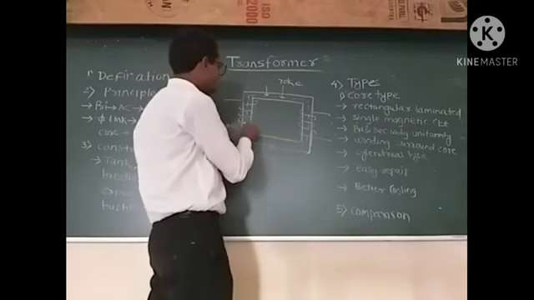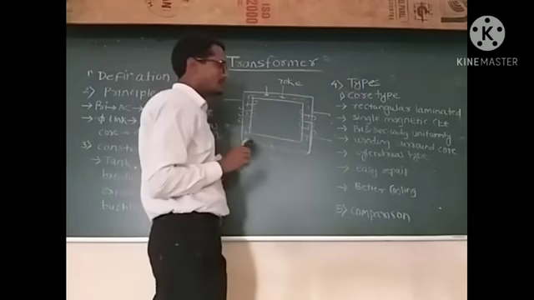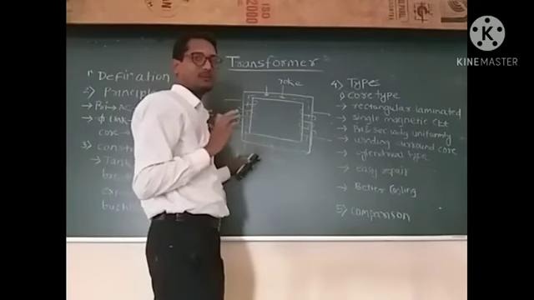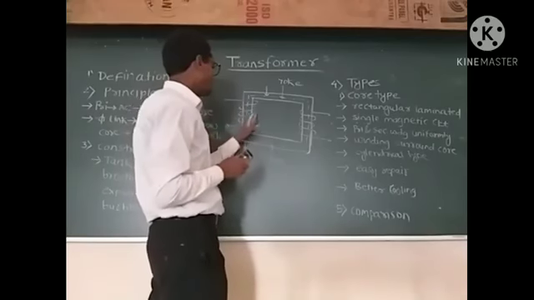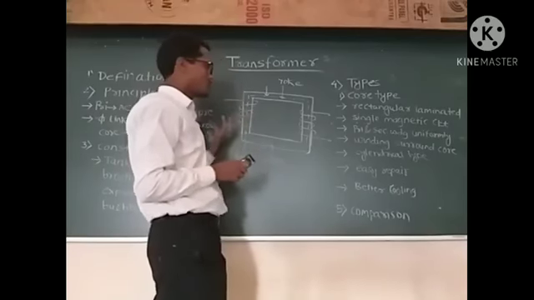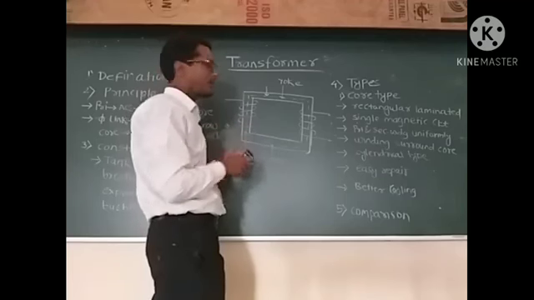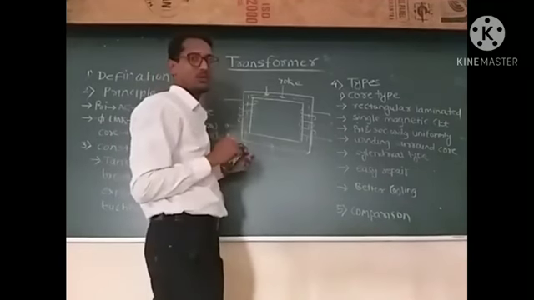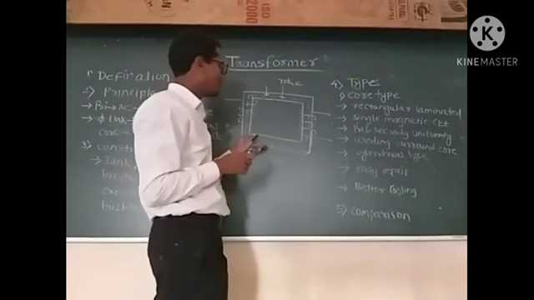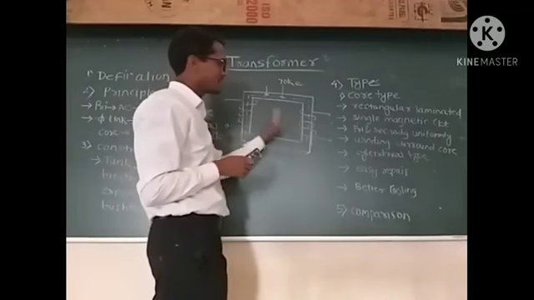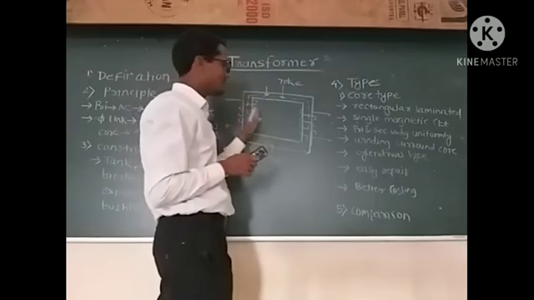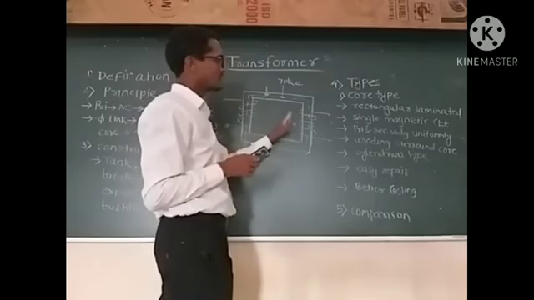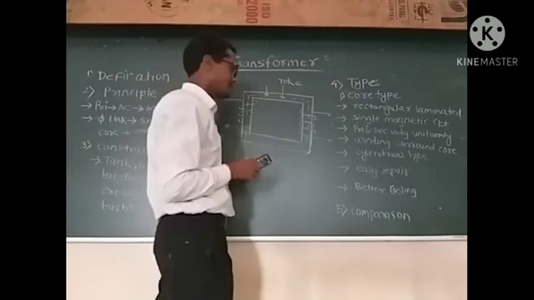After that, a cylindrical type of winding is used in the core type of transformer. If the winding surrounds the core, at the time of repairing we have to remove only one yoke. If we remove any one yoke, we can repair the transformer winding. That means repairing is very easy in the case of the core type of transformer.